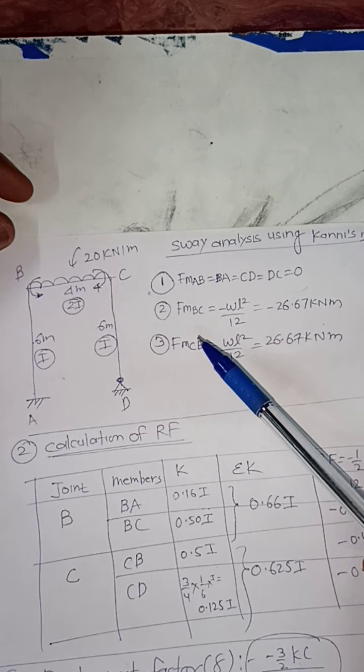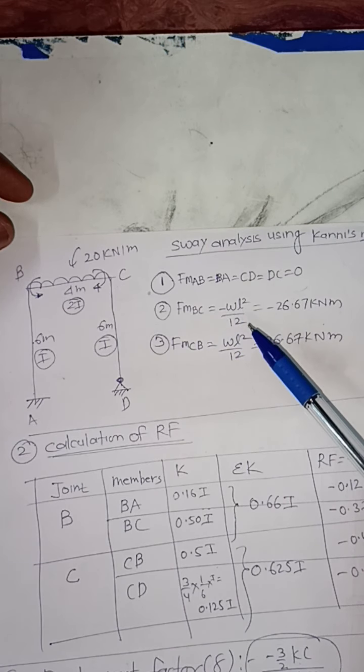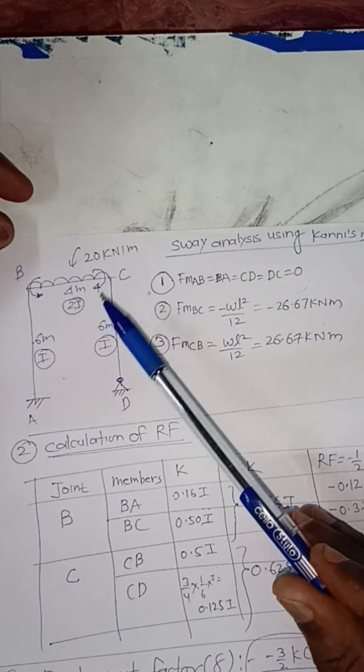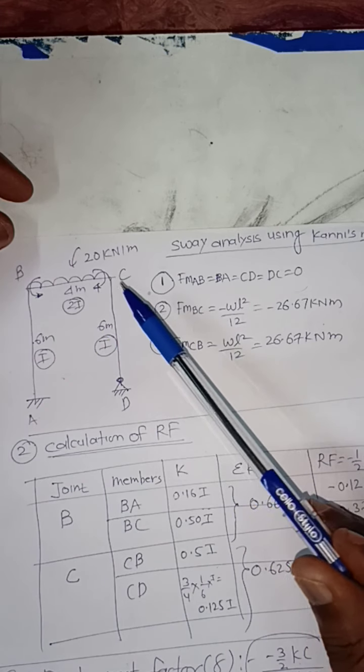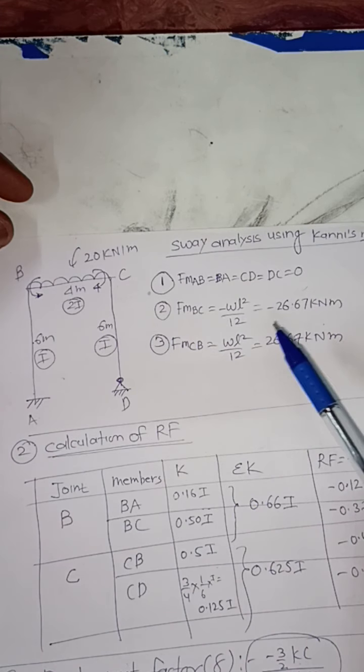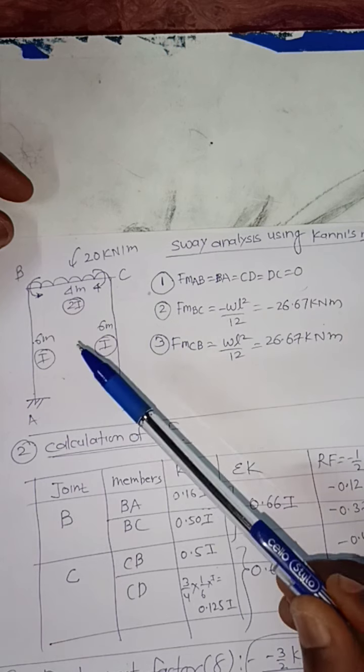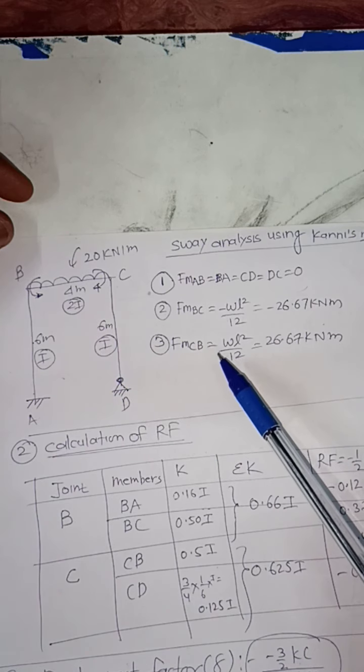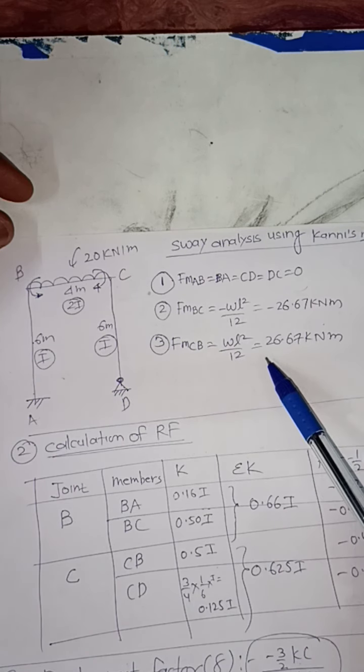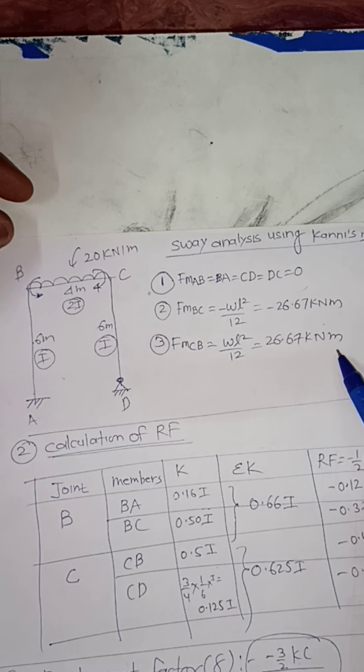So the fixed end moment for BC will be equal to minus WL square by 12, that is 20 into 4 square by 12. If you solve, you will get 26.67. Similarly, for CB, it will be equal to WL square by 12, so it will be 26.67 kilonewton meter.